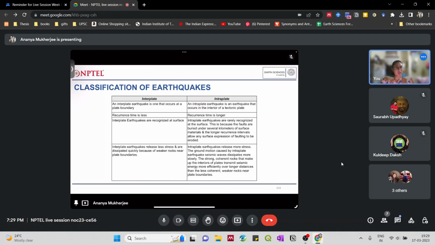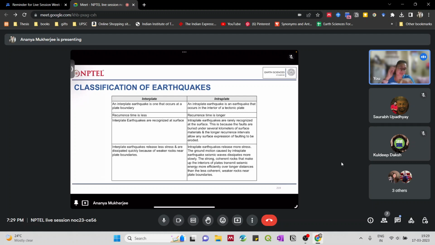So when the earthquake happens and the stress is released, the amplitude or effects of the earthquake waves are absorbed by these weak zones and get dissipated.